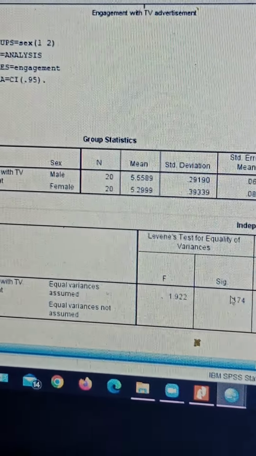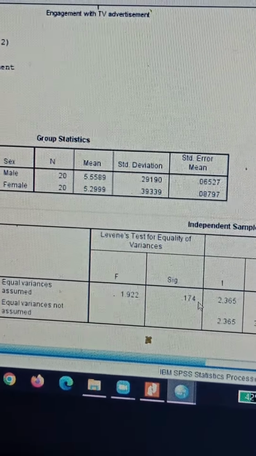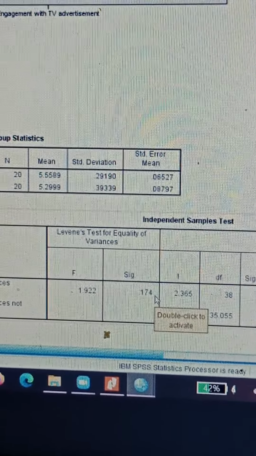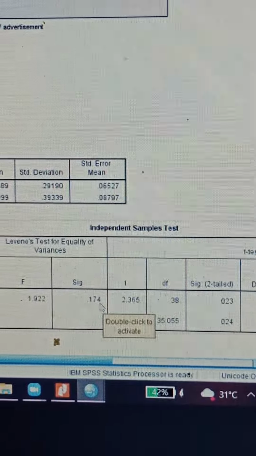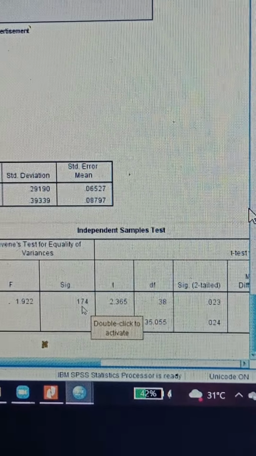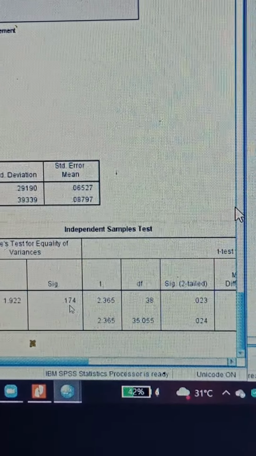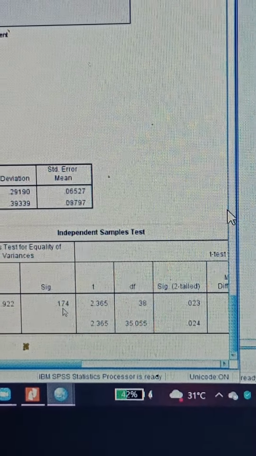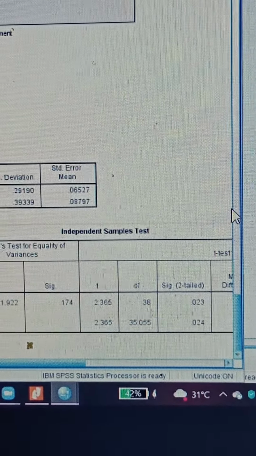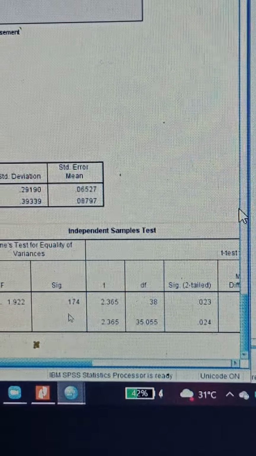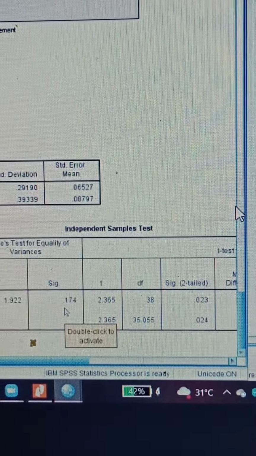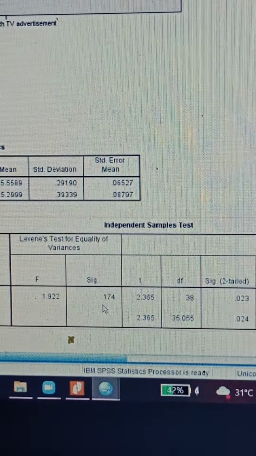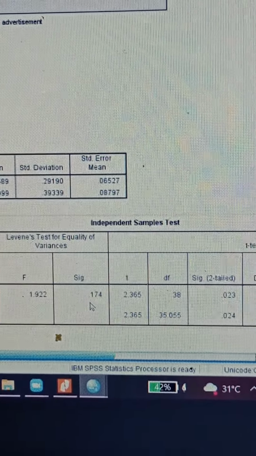Now look at the sig value, 0.174. If our alpha is 0.05, is this value significant or not significant? Is 0.174 greater than 0.05? Yes, it's greater.